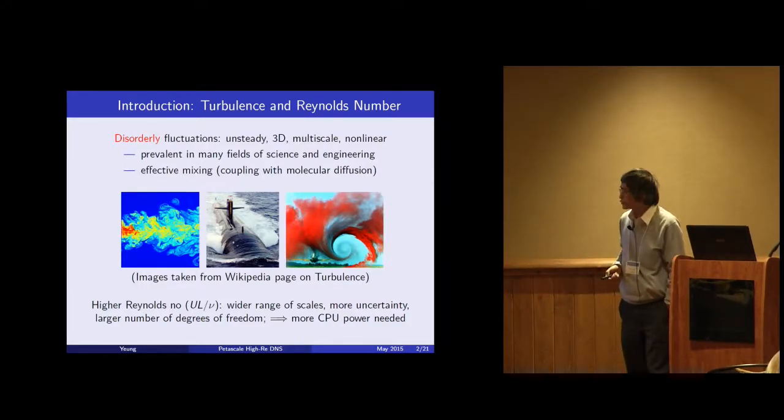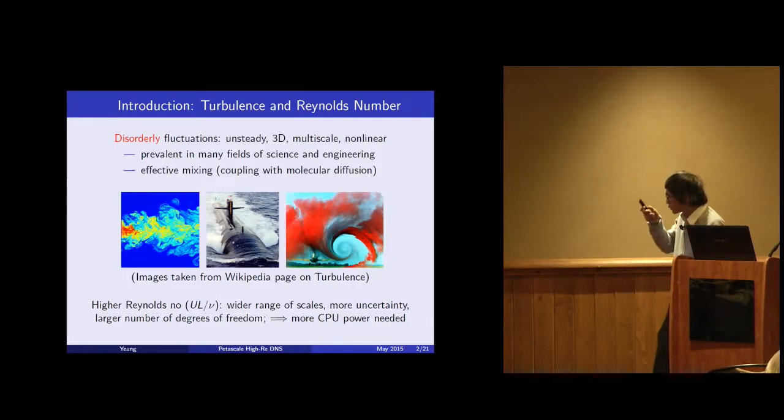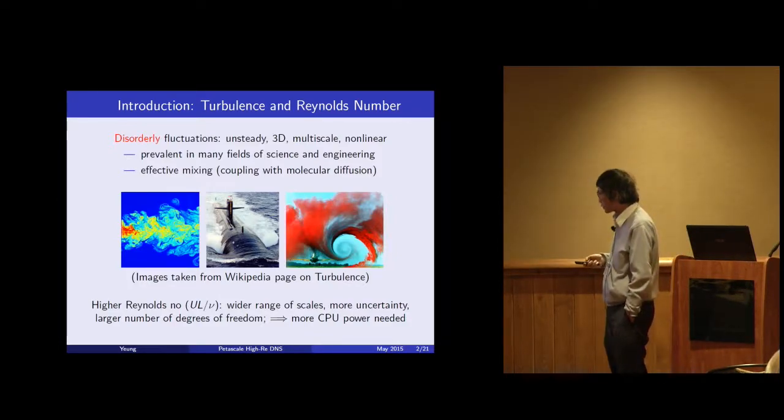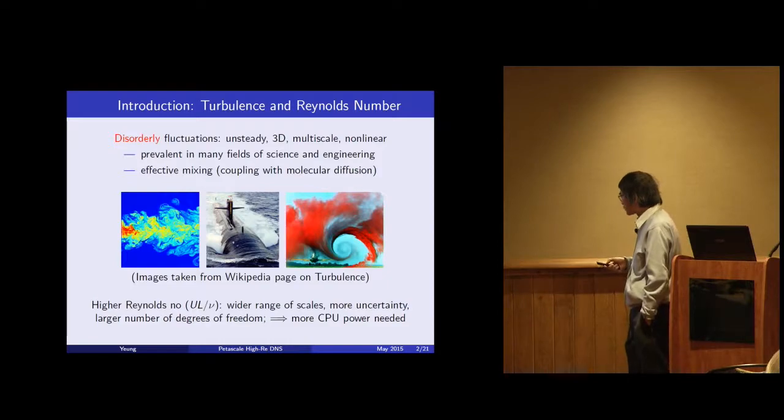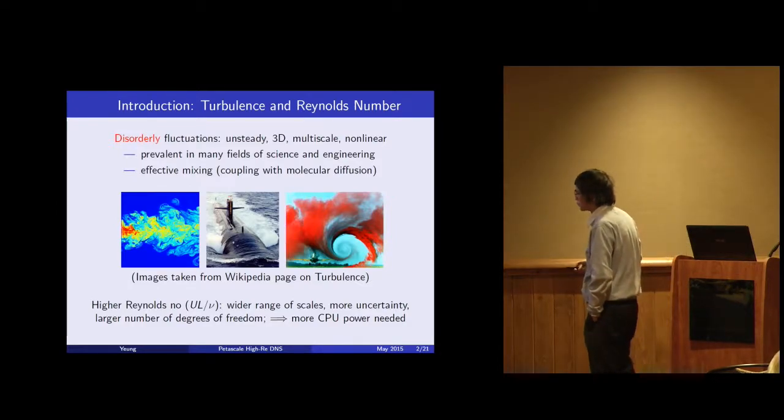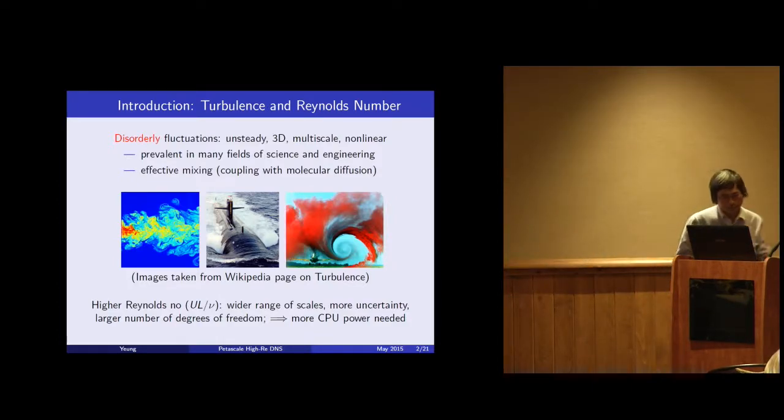In many situations, the non-dimensional parameter known as the Reynolds number is very high. When the Reynolds number is very high, we have a wide range of scales. We have a lot of uncertainty, or you can say a large number of degrees of freedom, and therefore, correspondingly, we need a more powerful computer.